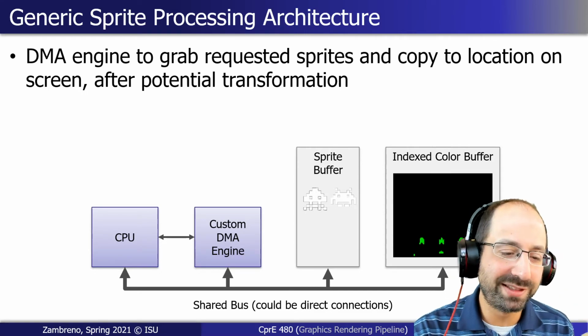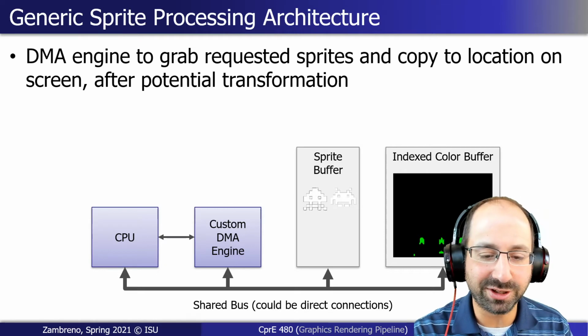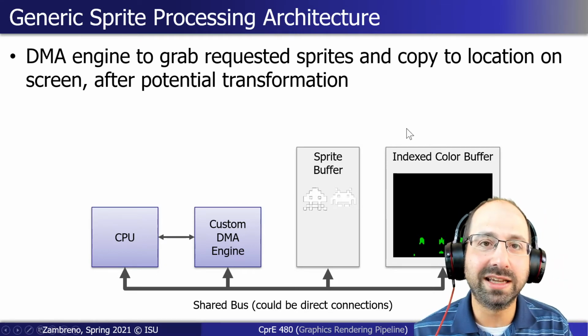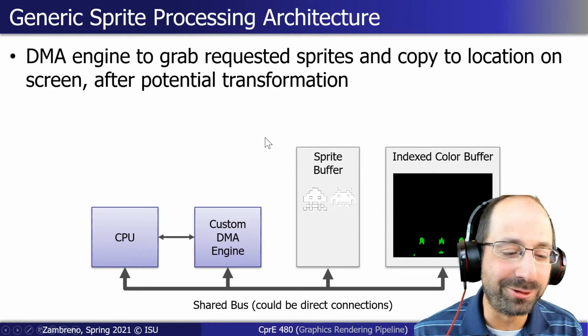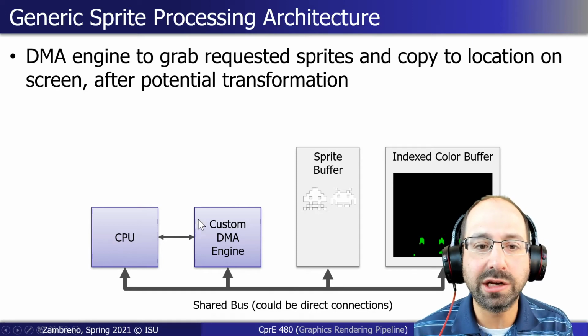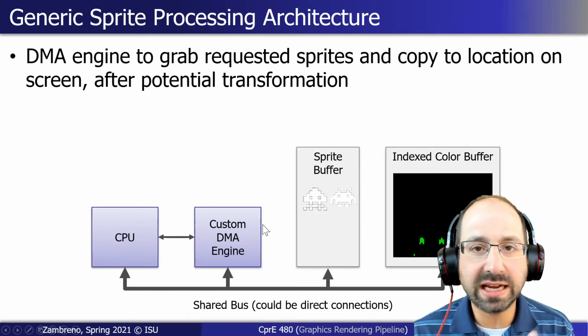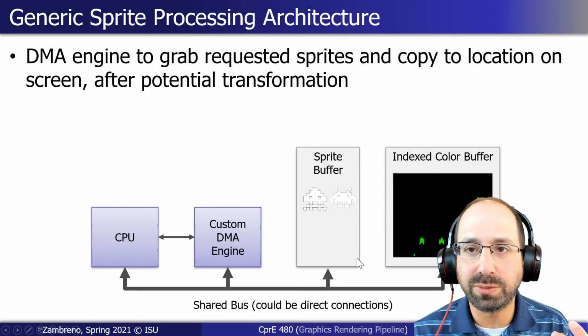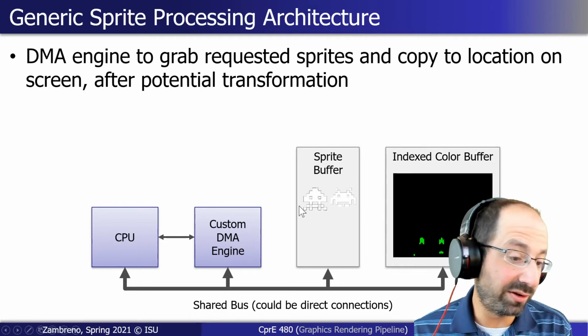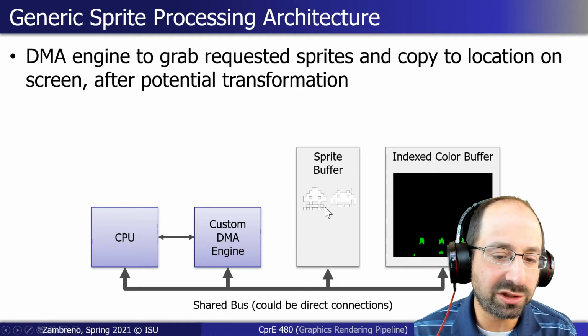There's some semblance of a CPU, and depending on the architecture, of a modern looking CPU or a relatively what we would just call a basic microcontroller today, because the CPU is responsible really for just kicking off these series of operations. Some sort of either direct connection or shared buffer in which we would have our sprite buffer. And in the sprite buffer would actually be stored either index color or direct color information associated with them.